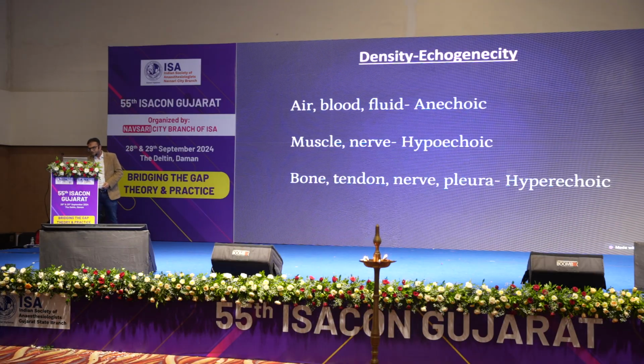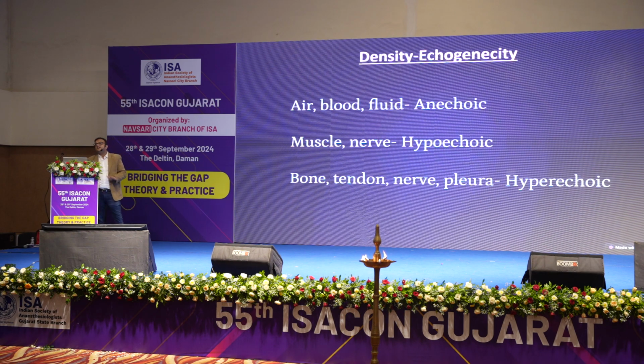You can do that. Now, after putting the probe, we came to know how the structure looks. It is a whole anatomy thing, but if you understand the basic thing, if there is less resistance, then the wave will easily pass through and it will look black. And if the resistance is more, then the wave will come back and it will look white.